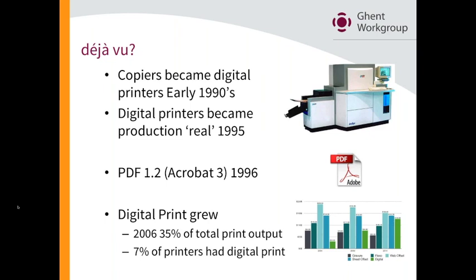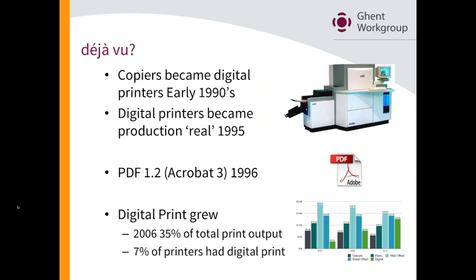Things started to change and move a lot faster around 1996. That's when PDF 1.2, released as part of Acrobat 3, came out, because it added color and a number of other features and functions to the format that drove more digital publication and more digital printing.